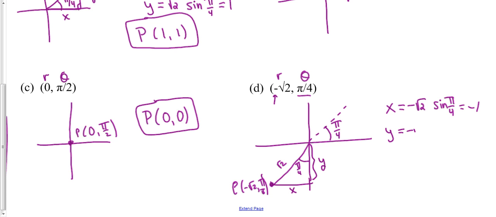And y is going to be negative radical 2 times the sine of pi over 4, which is going to give me negative 1 as well, and my new point in rectangular coordinates is going to be negative 1 comma negative 1.